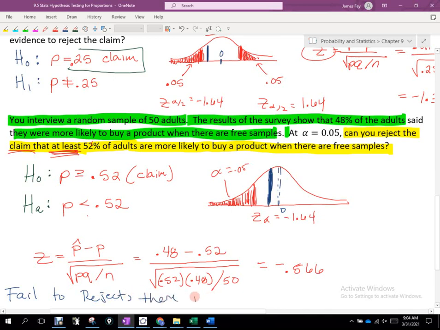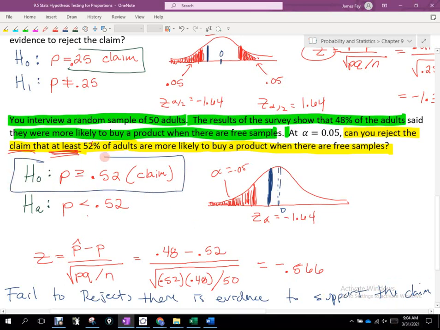There is evidence to support the claim. Because remember, when initially we accept that, and if we fail to reject it, that means we continue to accept it, which would then mean that there's evidence for it.